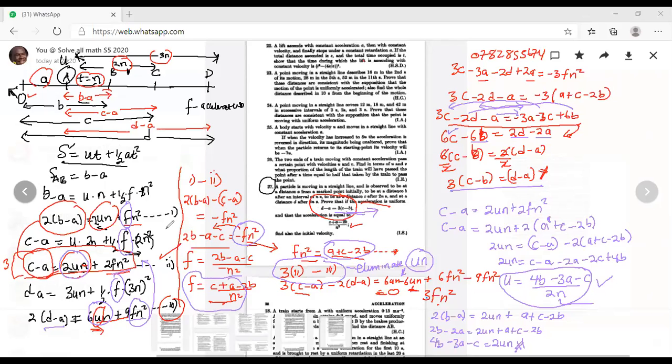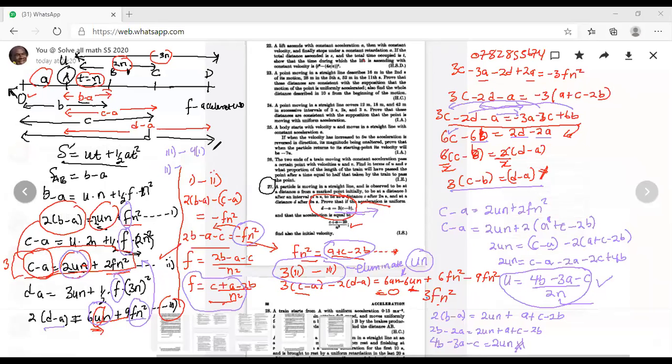You eliminate Fn squared, then retain Un in both. For example, I can say equation 3 minus 9 equation 1. Then I also say equation 2 minus twice equation 1.